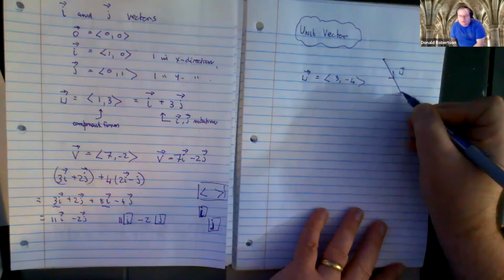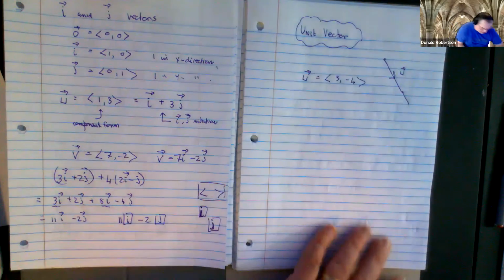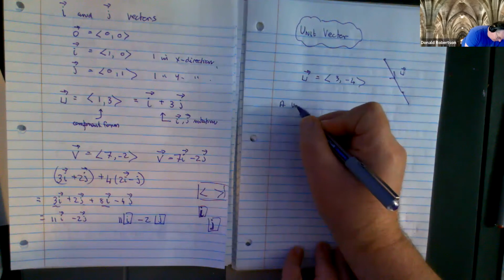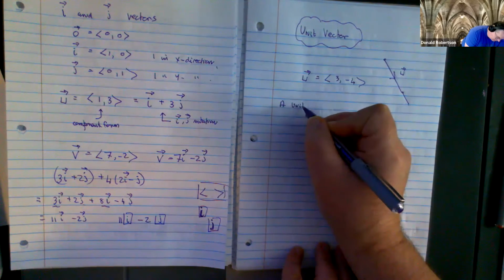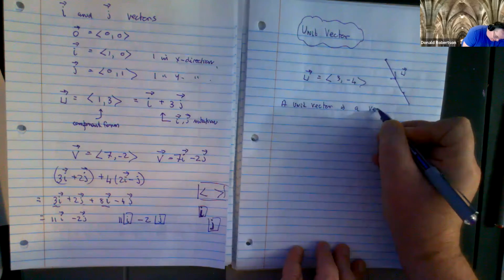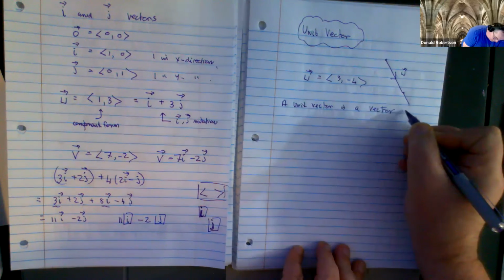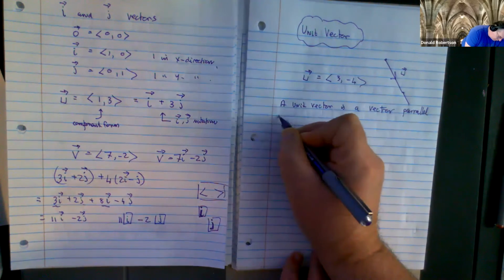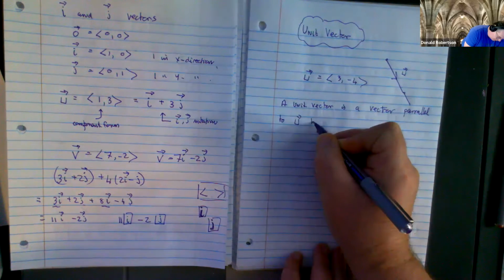There, that's vector u. A unit vector is a vector parallel to u but whose length is 1.